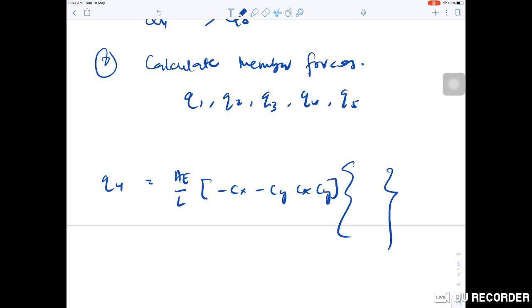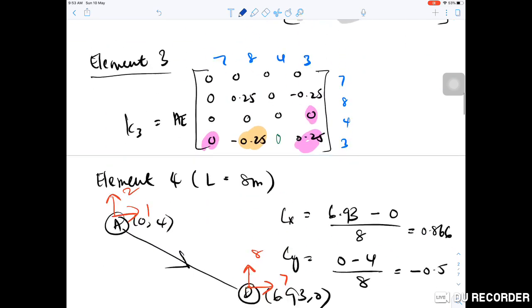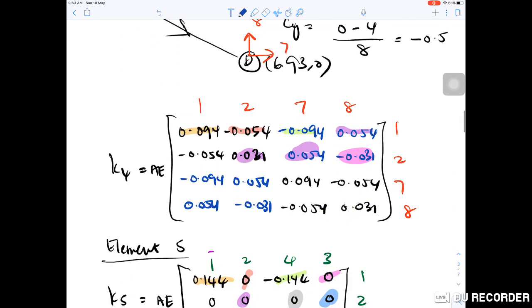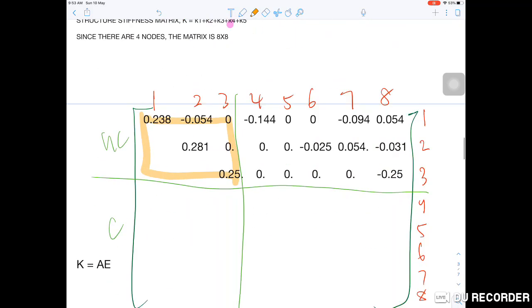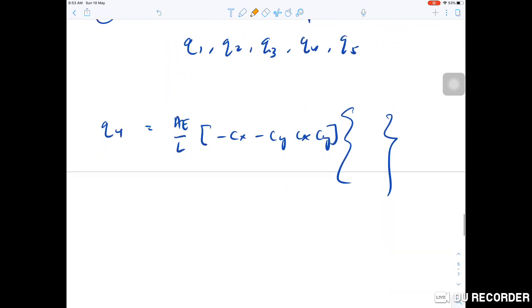For q4, we must look at the K4 that we determined in the early stage. For K4, the labels are 1, 2, 7, 8. For element number 4, we just have to follow 1, 2, 7 and 8.